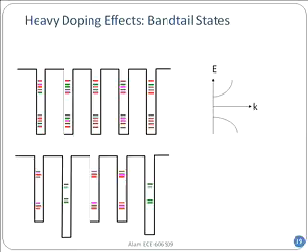So what will happen is that in typical semiconductors, if I have an E-k diagram like the one shown on the right-hand side, you know this, right? The density of states as a function of energy, or the E-k diagram over there. In addition, for the case in the bottom, you will have some additional states near the edge of the conduction band, shown here in green, and the edge of the valence band, also shown in green. This is because the donors are talking among themselves, and as a result the band has essentially narrowed a little bit.